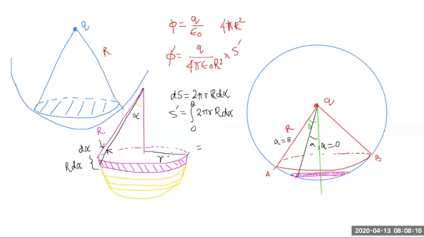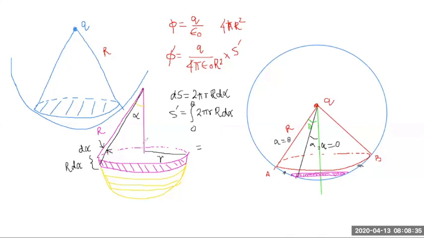Now small r is a variable. If we take a different elemental area, small r and d alpha would have varied, but capital R is a constant.